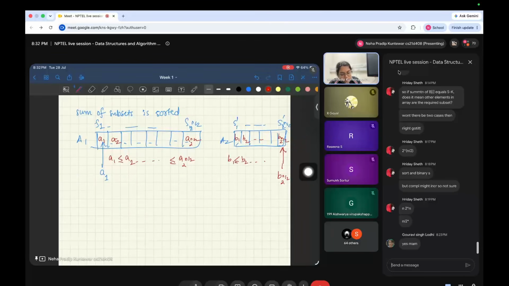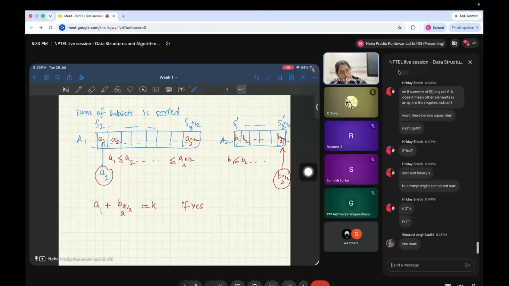Okay, so let me look at these two values and check whether the sum is equal to k. So check if a1 plus b2 to the n by 2 is equal to k. If yes, that means the subset corresponding to the first element here and the subset corresponding to the last element here, the union of these two subsets gives you a sum of k.